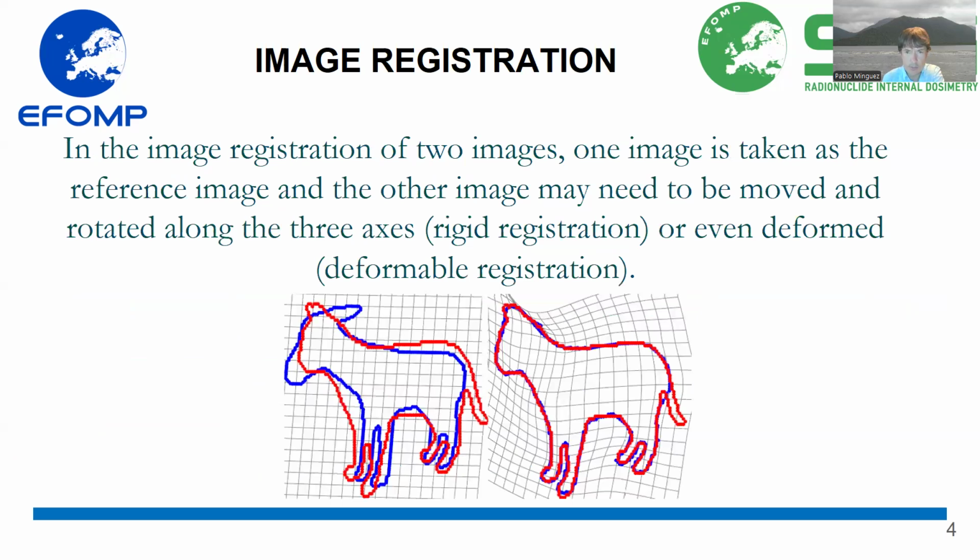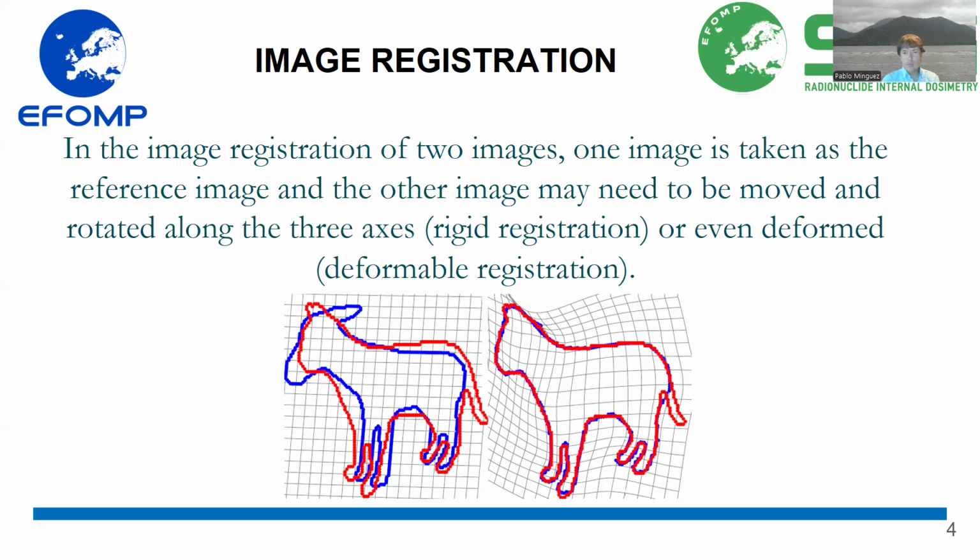In the image registration of two images, one image is taken as the reference image, and the other image may need to be moved and rotated along the three axes. That's rigid registration. Or we could even deform the image, which would be the deformable registration.